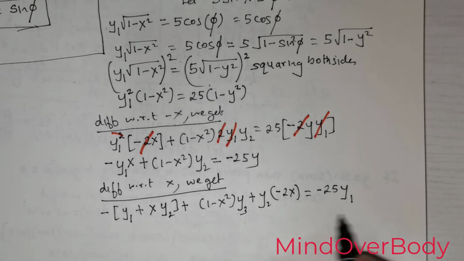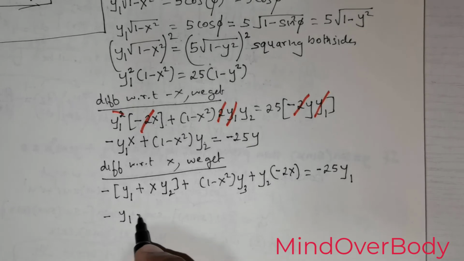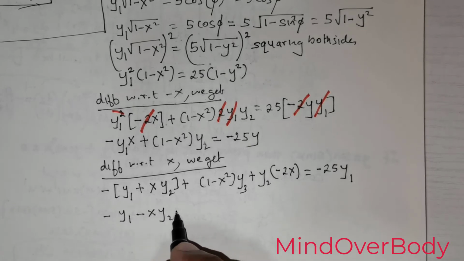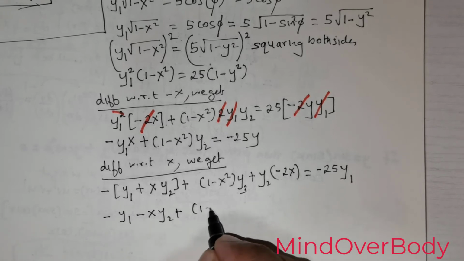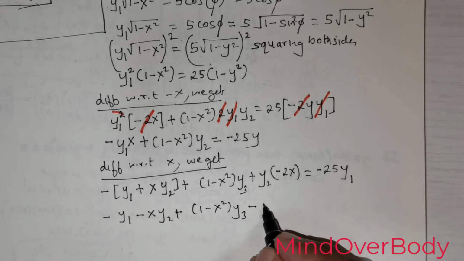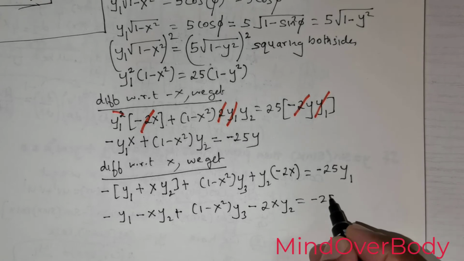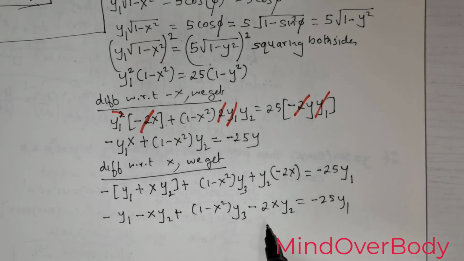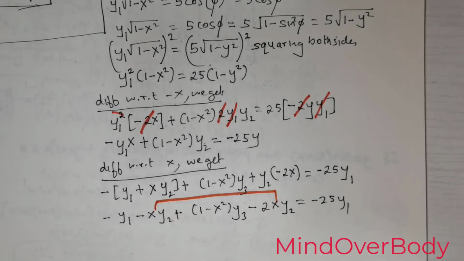So let us expand it and check whether anything can be cancelled. This is going to be negative y1, negative x times y2, and positive 1 minus x squared times y3, and this is negative 2 times x and y2, is equal to negative 25 times y1. Now negative 2 times x y2 and negative x y2 can be combined.